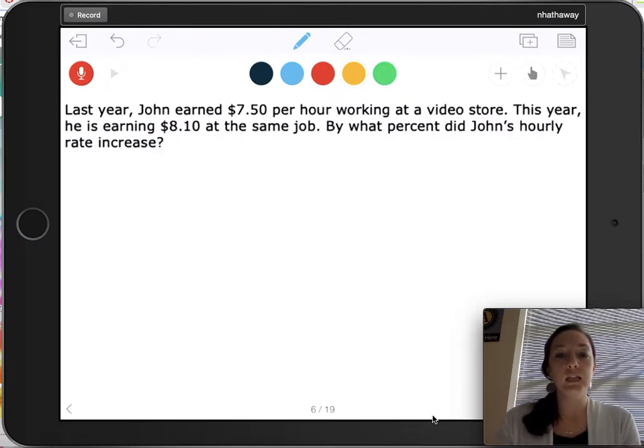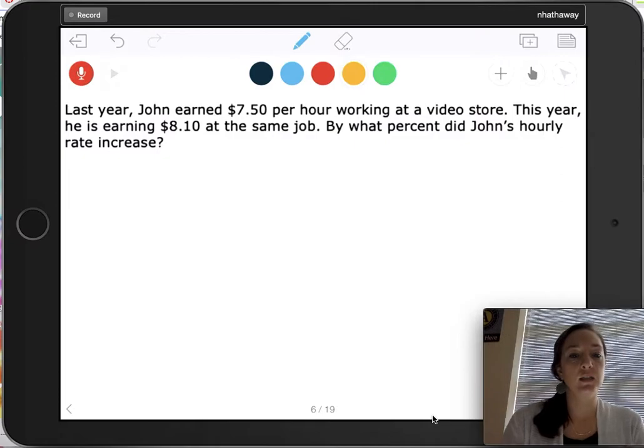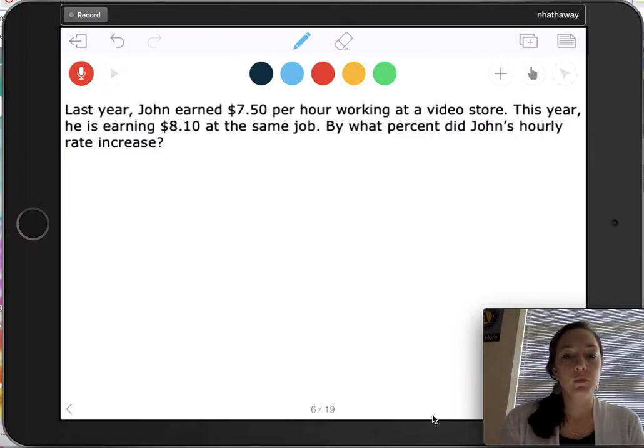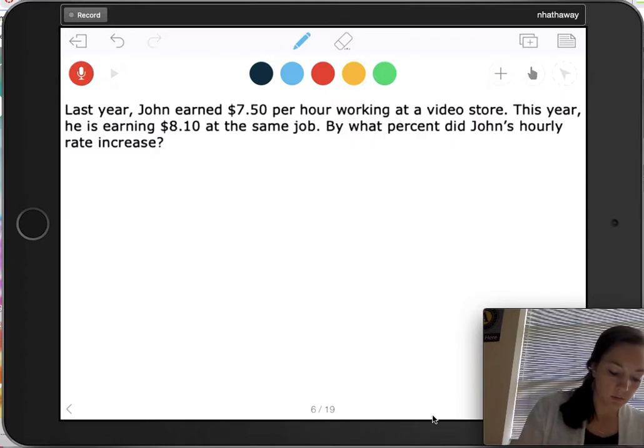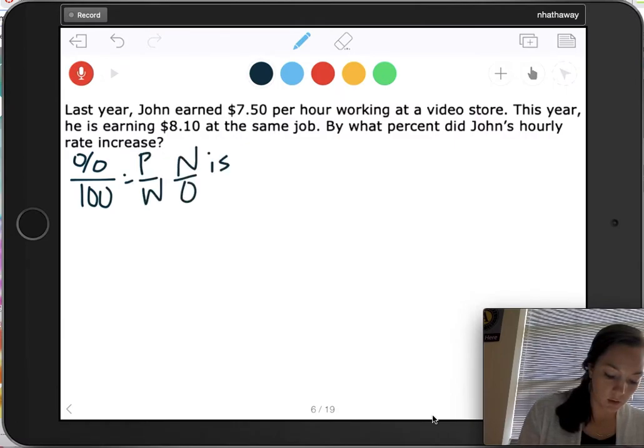All right, and then the last one, we're going to find the rate or the percent of increase or decrease. So last year, John earned $7.50 per hour working at a video store. This year, he is earning $8.10 at the same job. By what percent did John's hourly rate increase? All right, so before we do anything else, percent over 100 equals part over whole, new over original is over of.